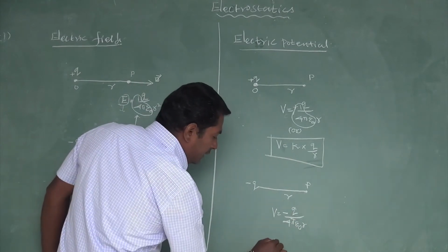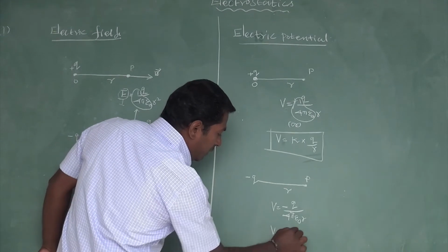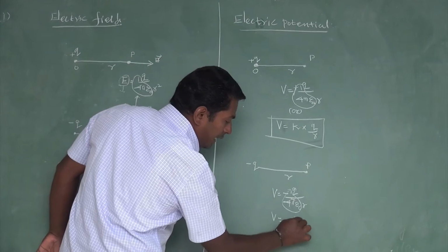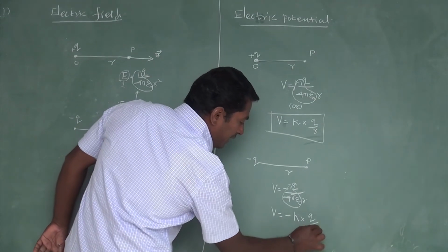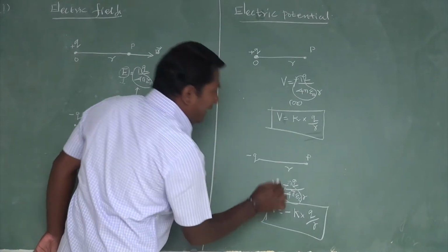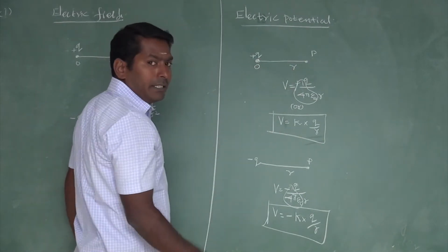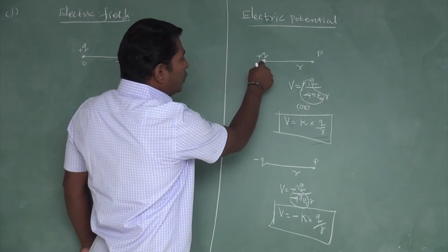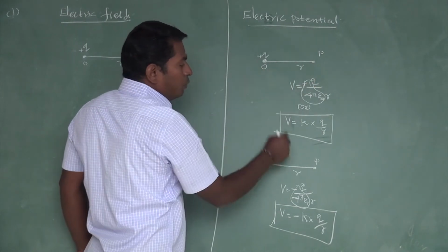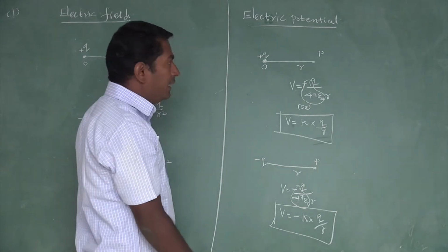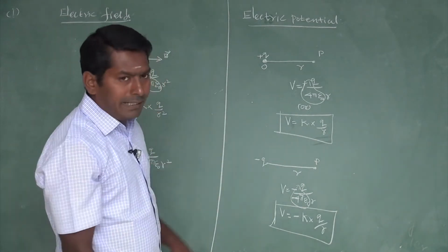It can be rewritten in another equation: V is equal to minus 1 divided by 4 pi epsilon naught, which is K into Q divided by R. There are two important expressions. So electric charge produces electric potential near it. Another conclusion: a positive point charge produces positive potential near it, and a negative charge produces negative potential near it.